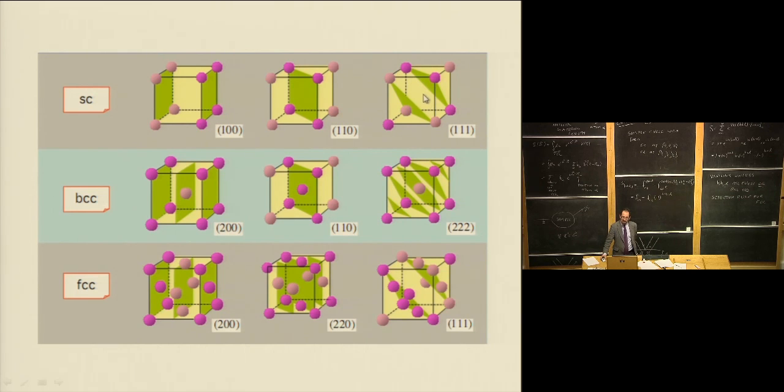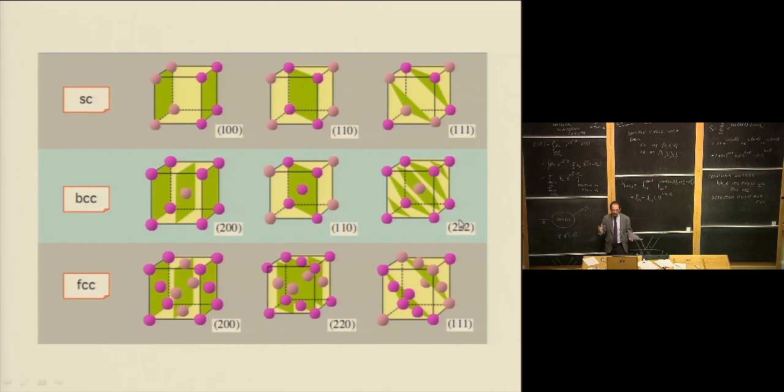If we were thinking about BCC, we'd be missing the point in the center of the unit cell. If you went to (2, 2, 2), you have twice the density of planes here, and you would catch the lattice point in the center of the unit cell. (1, 1, 1) does not satisfy the BCC selection rule that h plus k plus l should be even, whereas (2, 2, 2) does.